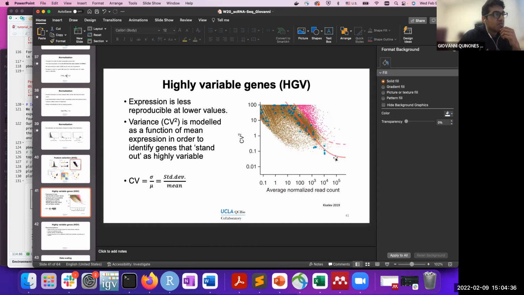But there are other methods also, like the moving average approximation, and some other statistical approaches to find this curve. But like I mentioned before, the goal is to have a relationship between these two variables, so that for a given expression value, we know how much variance to expect. And if a gene has more variance than that, then we'll consider it a highly variable gene.